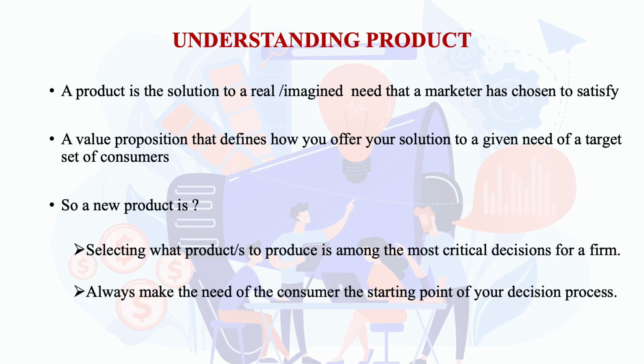That is the starting point of all your product related decisions. You need to be very clear what it is that the consumer needs, what his expectations are in terms of solution of that need, and you use that information to come back to your workplace as the firm or a manufacturing unit, and then conceptualize the idea of a product which would be an ideal solution to the need that you have chosen.